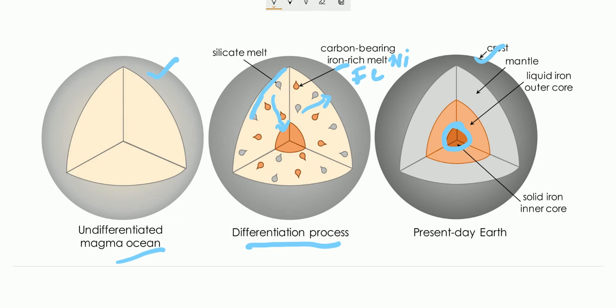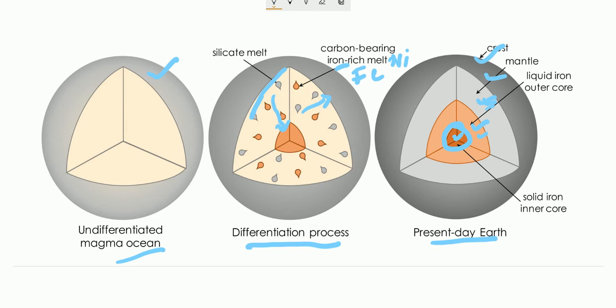In between the crust and the core we have a transition layer known as the mantle. This is the outer core, this is the inner core. So this is the present day layers of the Earth's interior.